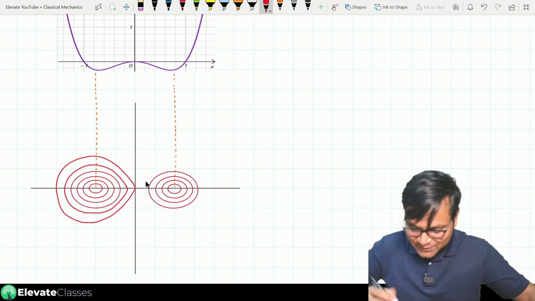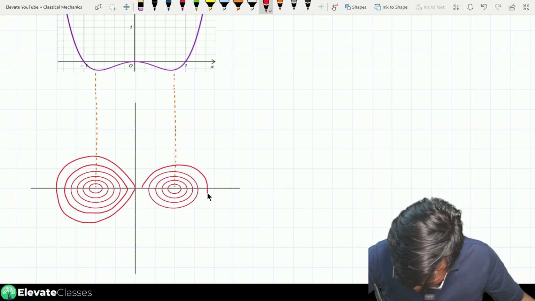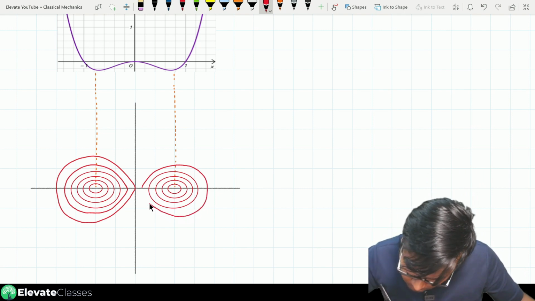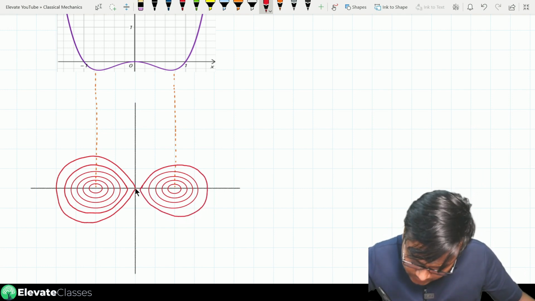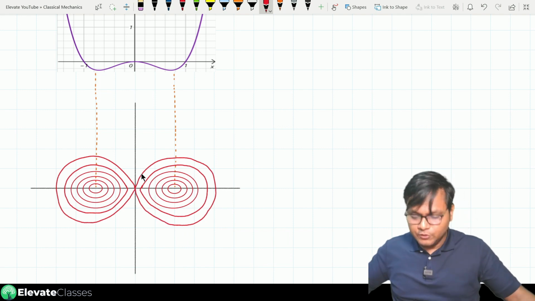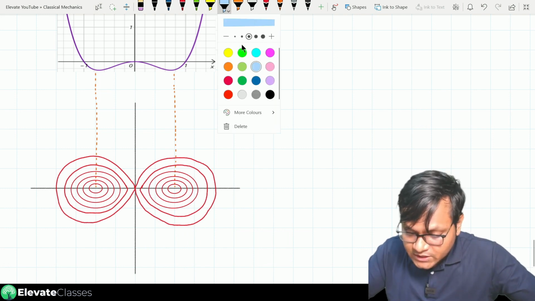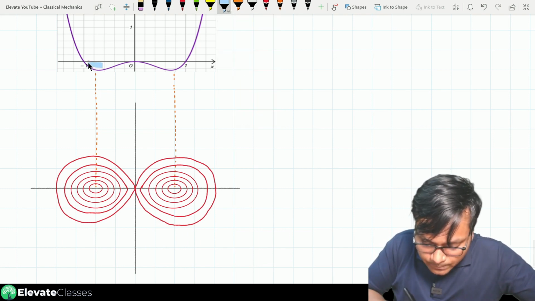It got slightly tapered to this side. Okay, another. All right, beautiful. So these are the closed loops for objects which are stuck in this region.